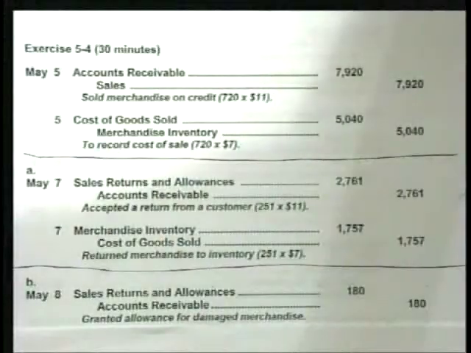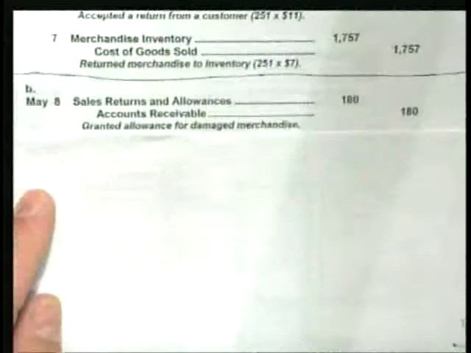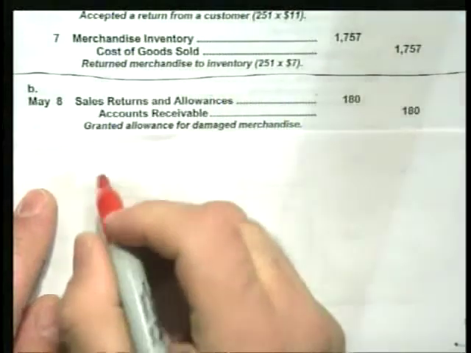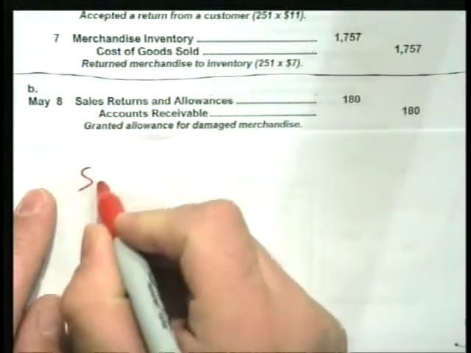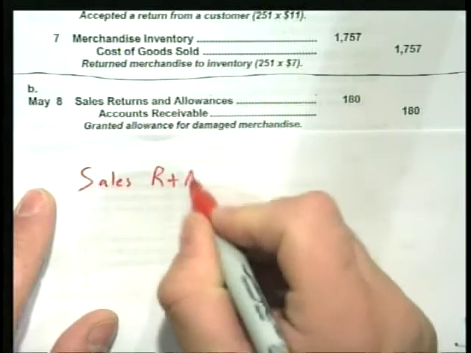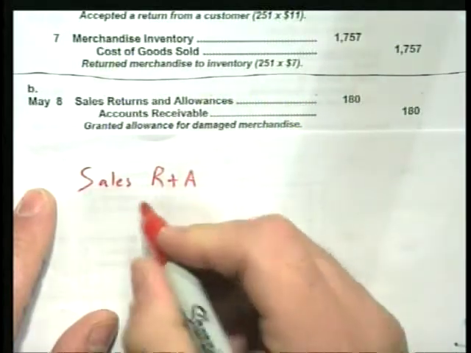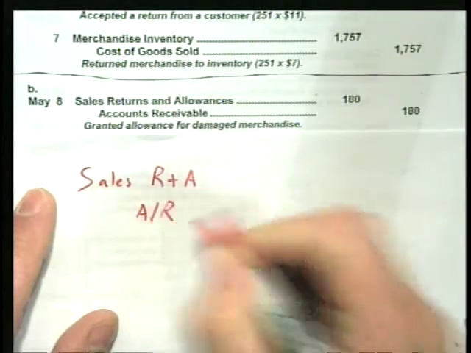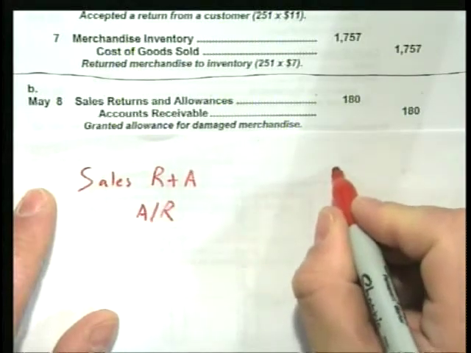So first of all, let's go ahead and record the $92 credit memo. What we would do there is debit sales returns and allowances, and credit AR for how much? 92.